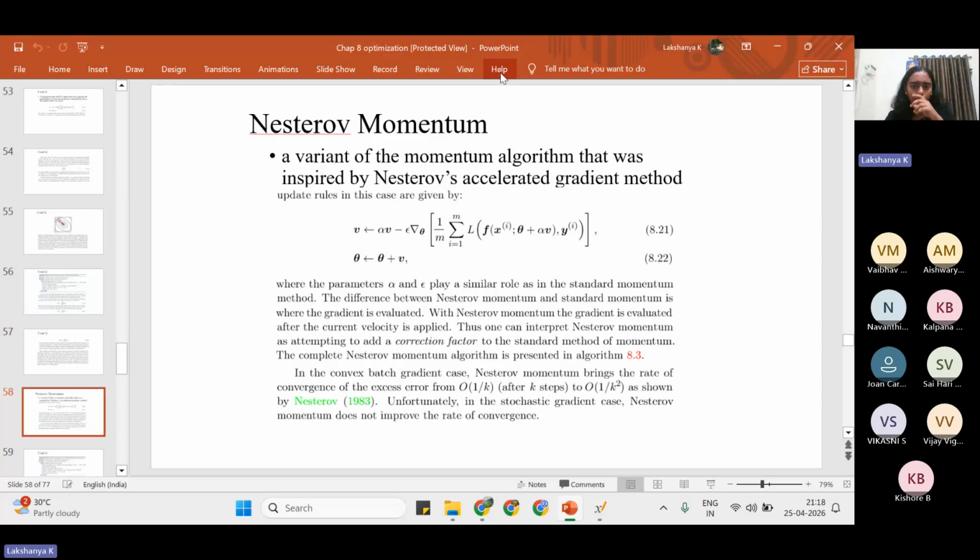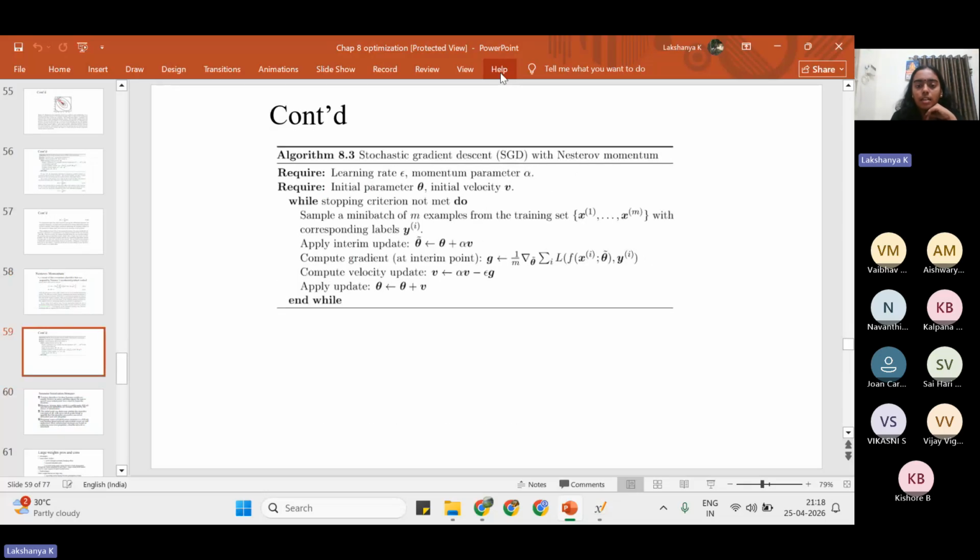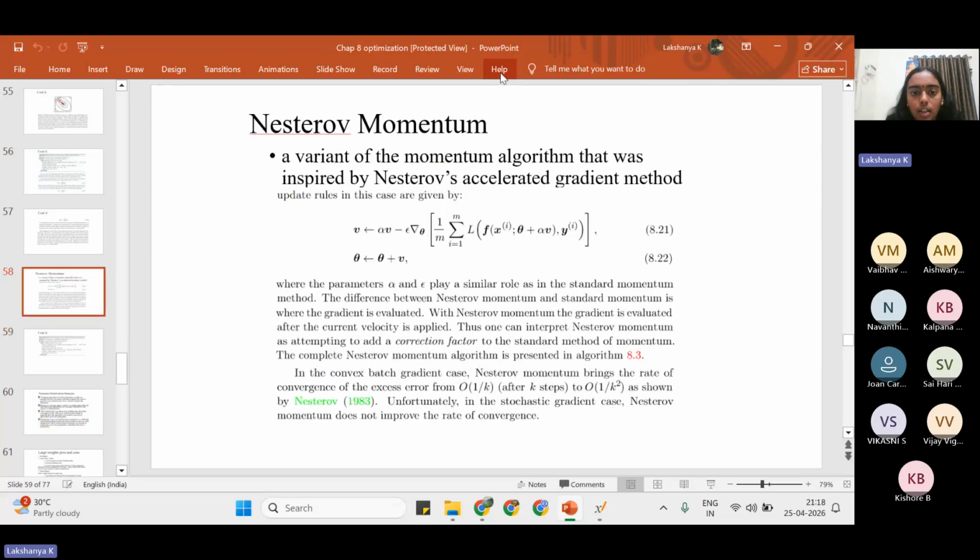Okay. Moving to Nesterov momentum, this is again a variant. The only change is that here we do the momentum update twice. Before computing the gradient, we do theta is equal to theta plus alpha v. Then the gradient, again the same update as we saw in the previous example. And then once again we do the update.